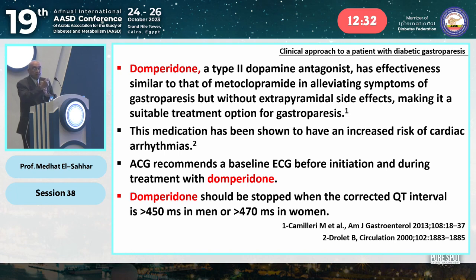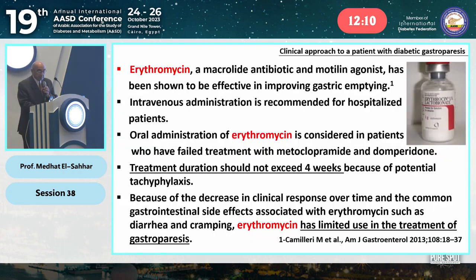And in gastroparesis, when they prescribe metoclopramide or domperidone, it has to be prescribed 40 milligrams per day. This is a very high dose. So these are the tools. The new agents like mosapride, there are not a lot of papers about them. The third thing, erythromycin. This is a macrolide antibiotic and a motilin agonist.